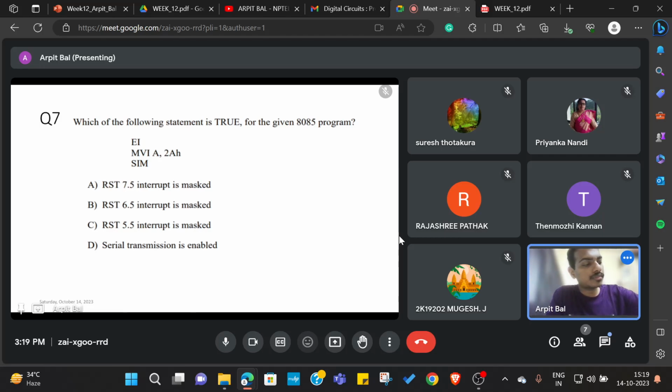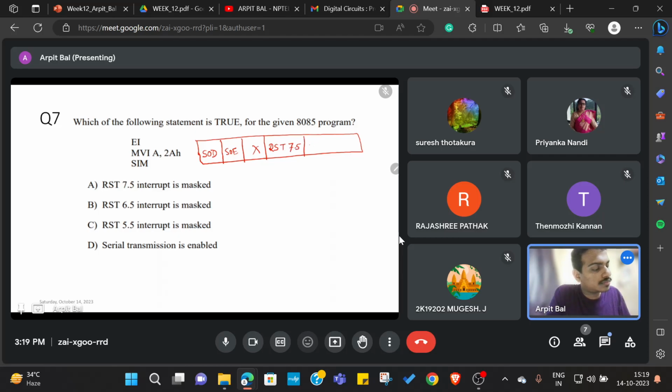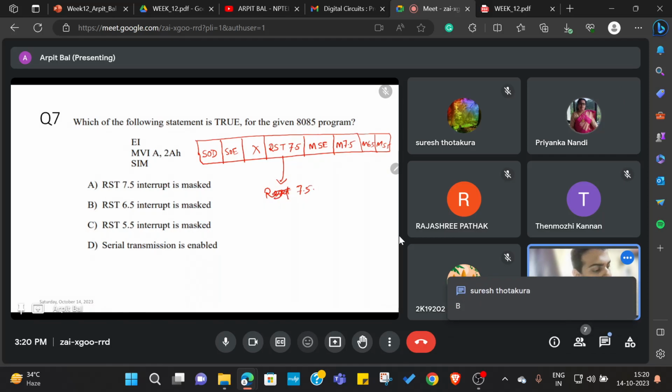Okay, so now the next thing is related to setting the interrupt. This is RST 7.5, option B, I think.